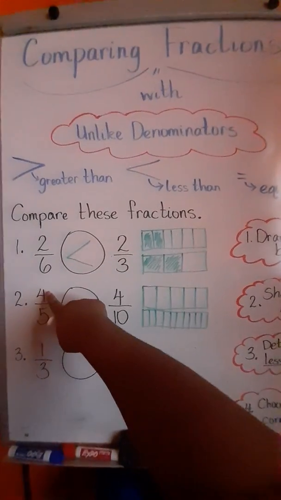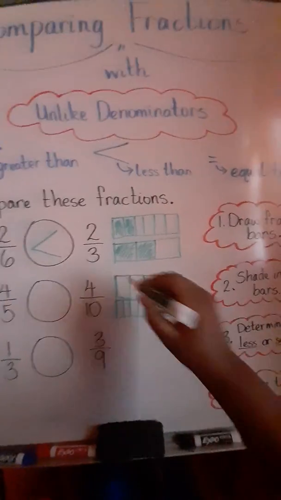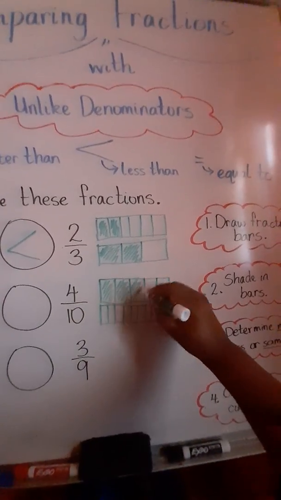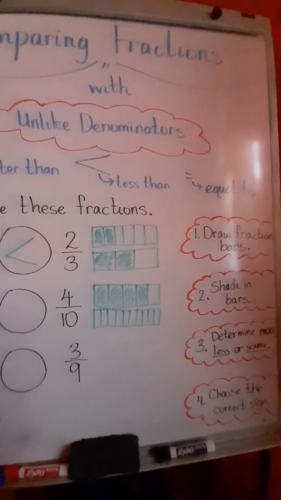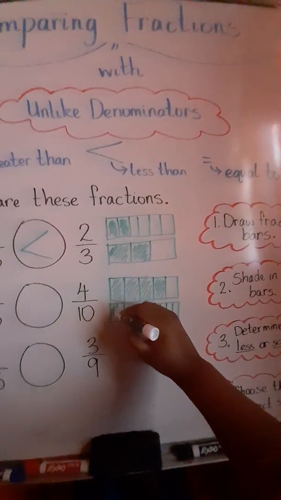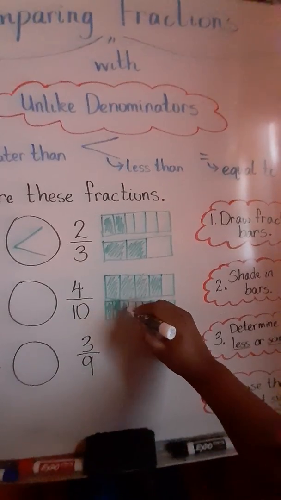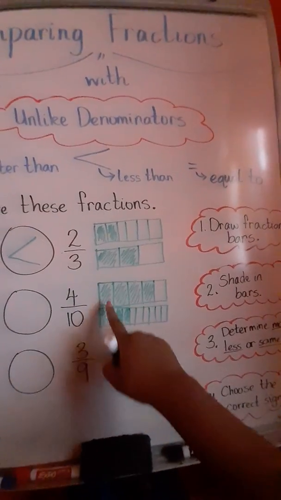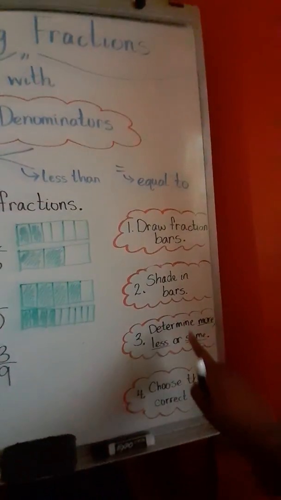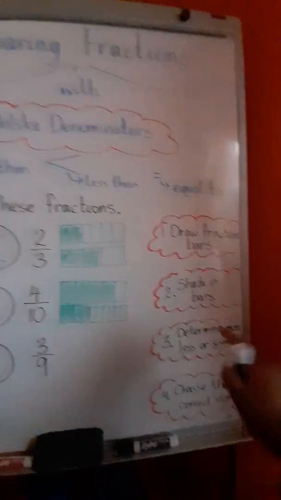The first set of bars is going to have 4 parts shaded. The second is going to have 4 out of the 10 parts shaded. One, two, three, 4. 1, 2, 3, 4. Now we're going to determine more, less, or same.